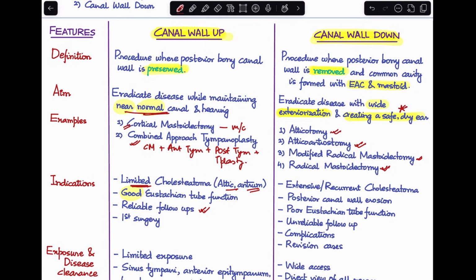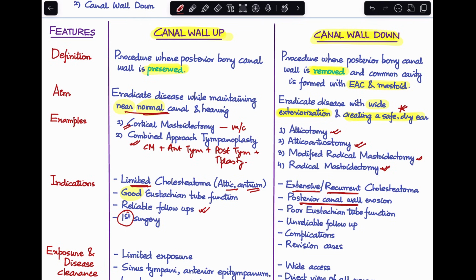Also, this is usually preferred as a first surgery unless it is a very complicated disease or a very extensive disease, in which case you should perform a canal wall down procedure. The indications of canal wall down procedure would be extensive or recurrent cholesteatoma, patients who have posterior canal wall erosion.